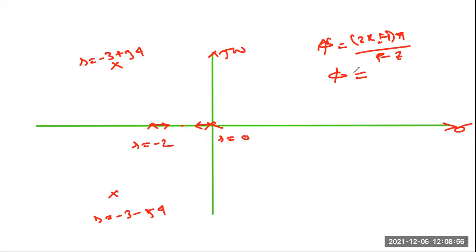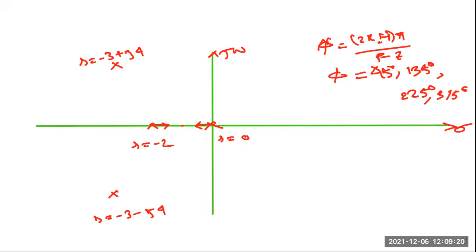Root locus is very simple if you follow. For k equal to 0, 45 degrees. For k equal to 1, 135 degrees. Then 225 degrees, and 315 degrees. That's all, we don't need more.